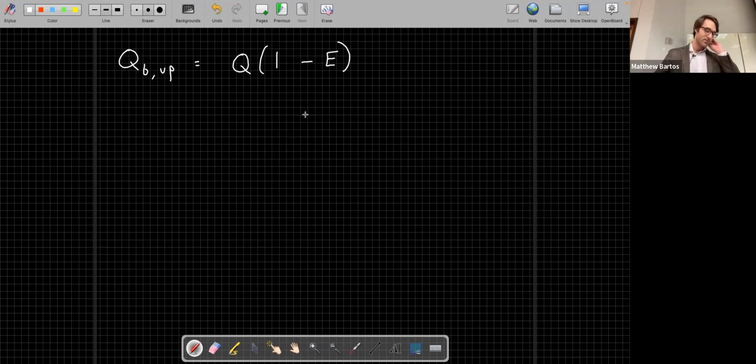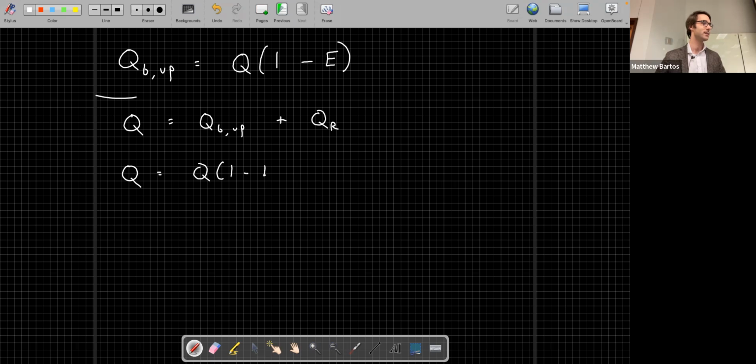Okay, so let's see what happens if we go back and substitute that into our previous equation. So we have Q is equal to QB up plus QR. Okay, let's substitute this in. We get that Q is equal to Q times 1 minus E plus QR. Okay. And let's rearrange this to put QR isolated on its own side.